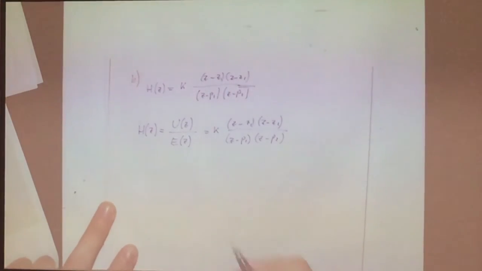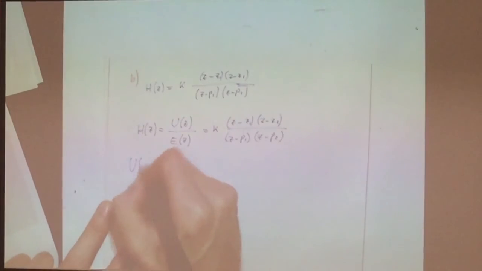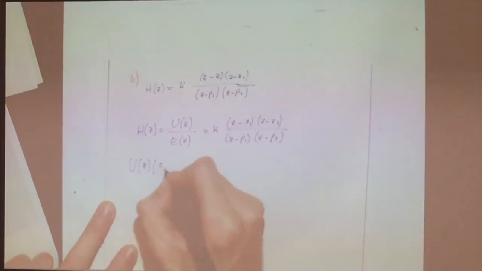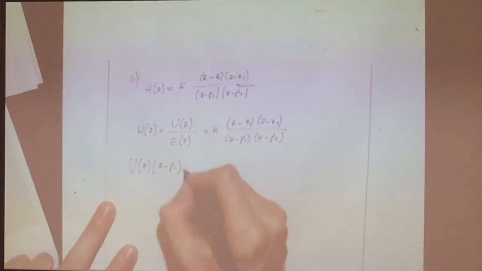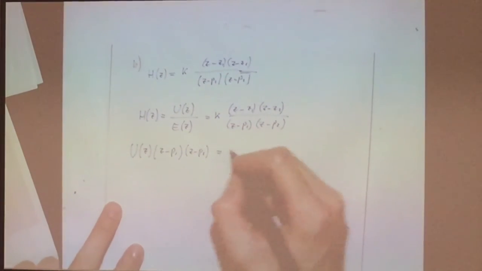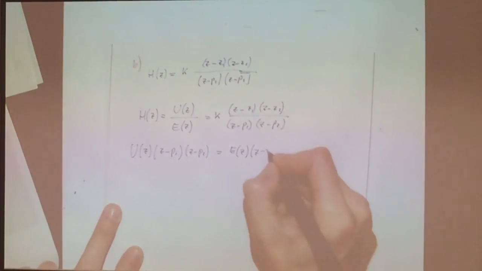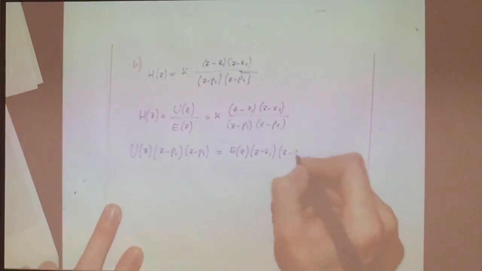And then you write it as a polynomial instead of a ratio of two polynomials. So you put the denominators on the opposite sides, and you get U of z (z minus p1)(z minus p2) equal to E of z (z minus z1)(z minus z2).